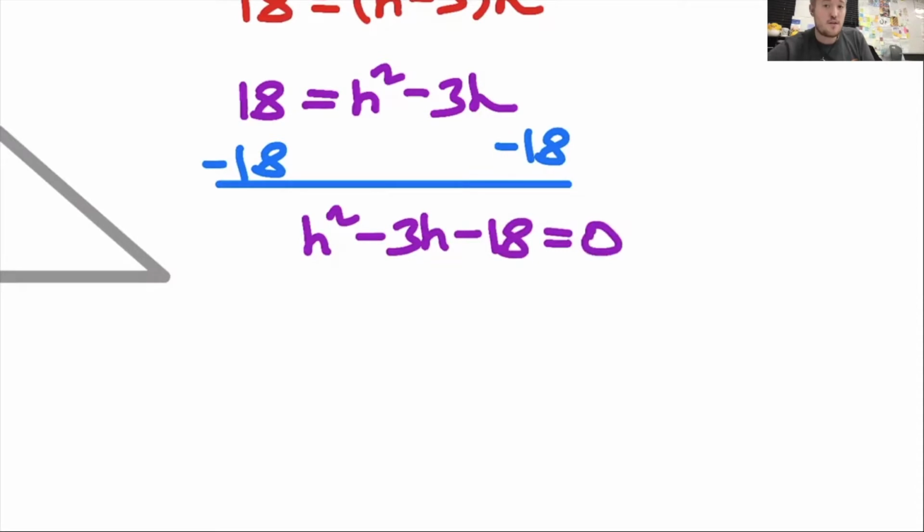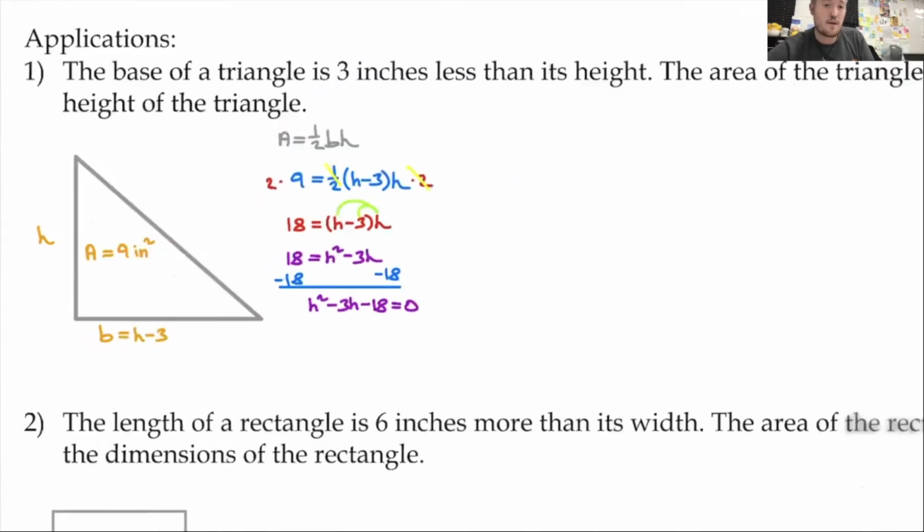Now that our equation is in standard form, you can pick and choose which method of solving you want to do. If you want to do factoring, you can. If you want to do completing the square, you can. If you want to do the quadratic formula, you can. Just remember, factoring is only going to work if the equation itself is factorable.